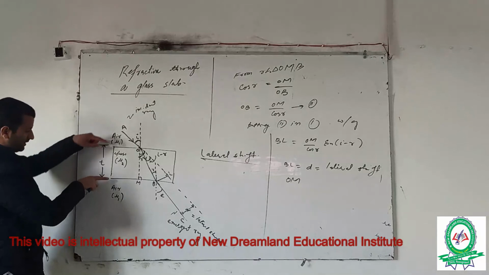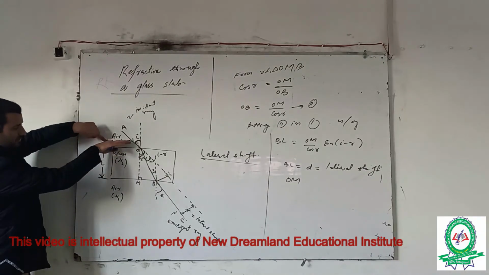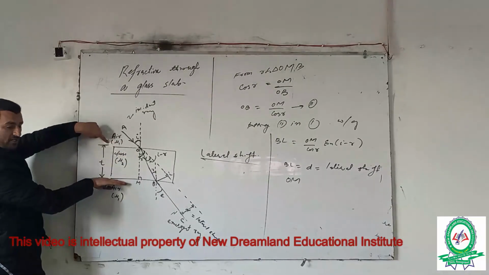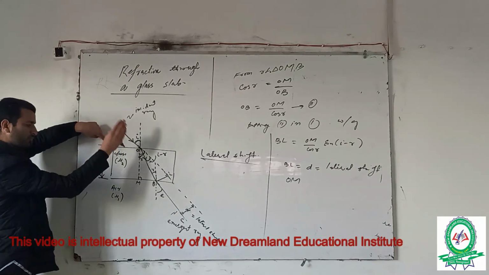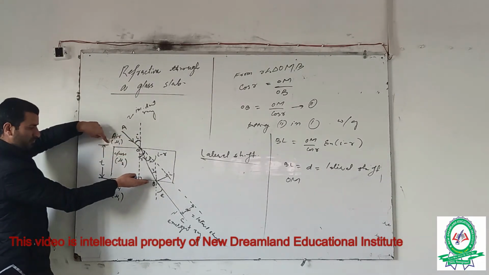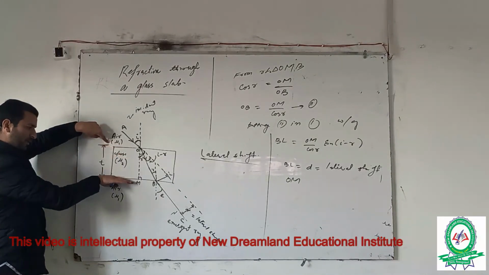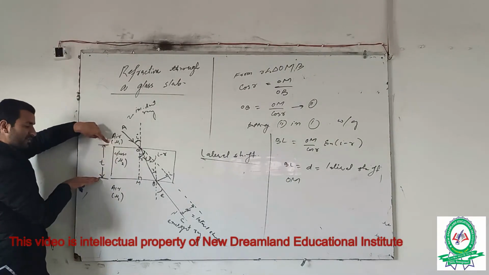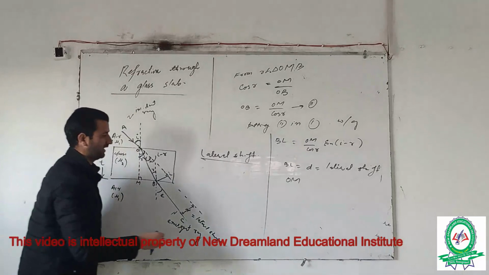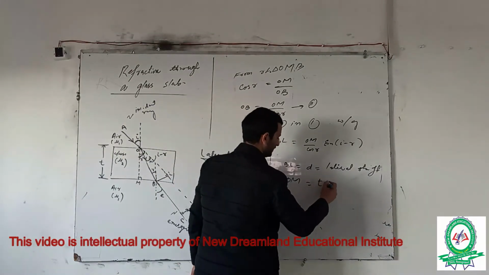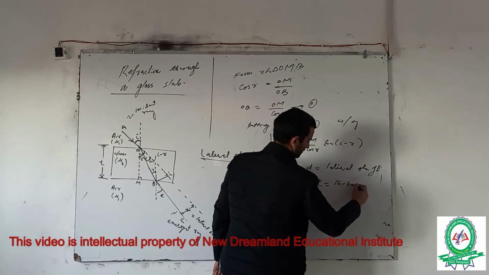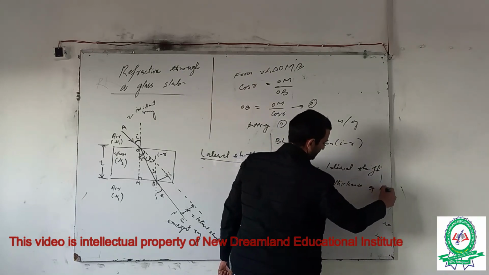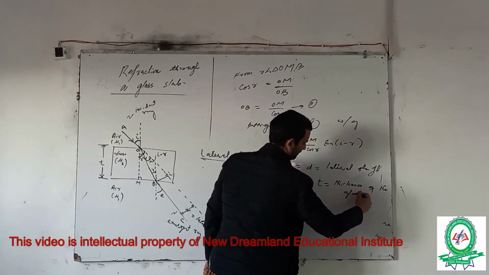Or you can say it's the distance between the top surface and the bottom surface of the glass slab. टॉप सरफेस पे जो पहले लाइट की रिफ्रैक्शन हो रही है, बॉटम सरफेस पे लाइट की बाद में रिफ्रैक्शन हो रही है, और इनके बीच जो परपेंडिकुलर डिस्टेंस है दो सरफेस के बीच, that is T, which is the thickness of the glass slab. So OM is equal to T, that is the thickness of the glass slab.